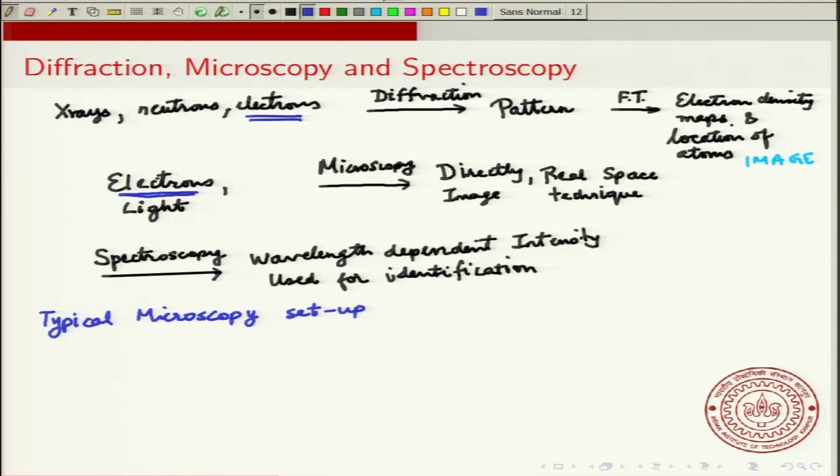You can do this both for electron microscopy and optical microscopy. So you have a source, and the source will emit either electrons or light, which will come to some focusing lens.